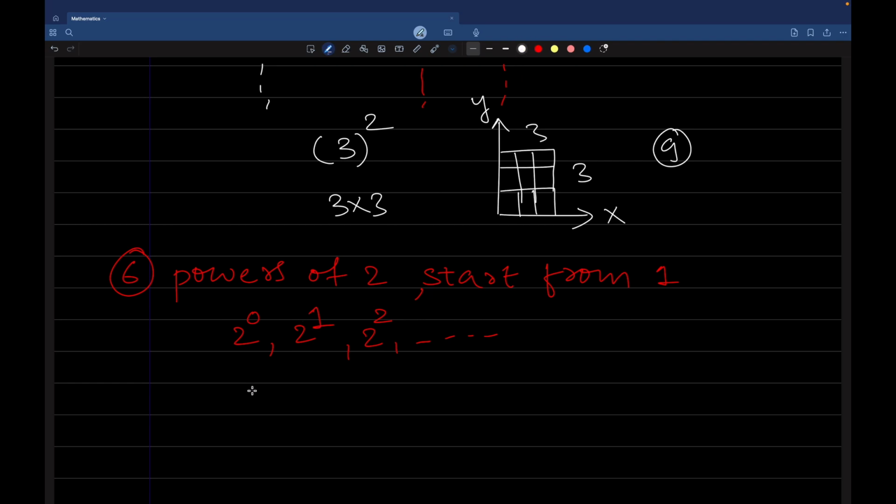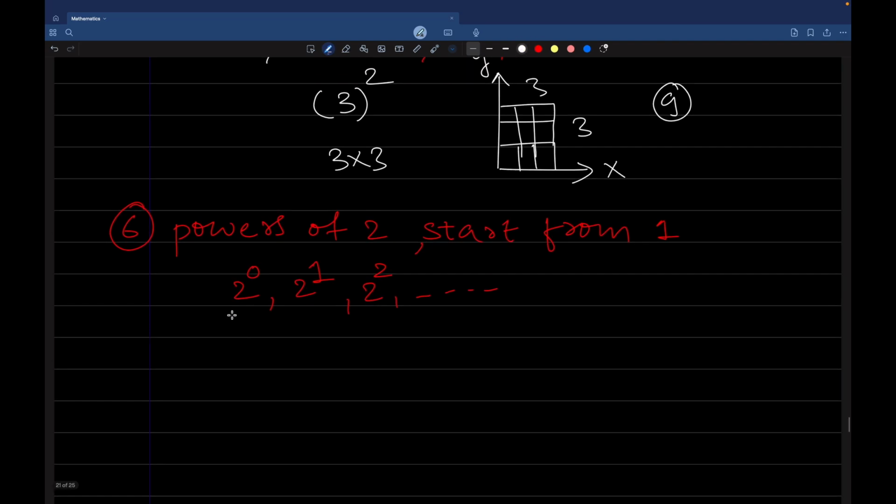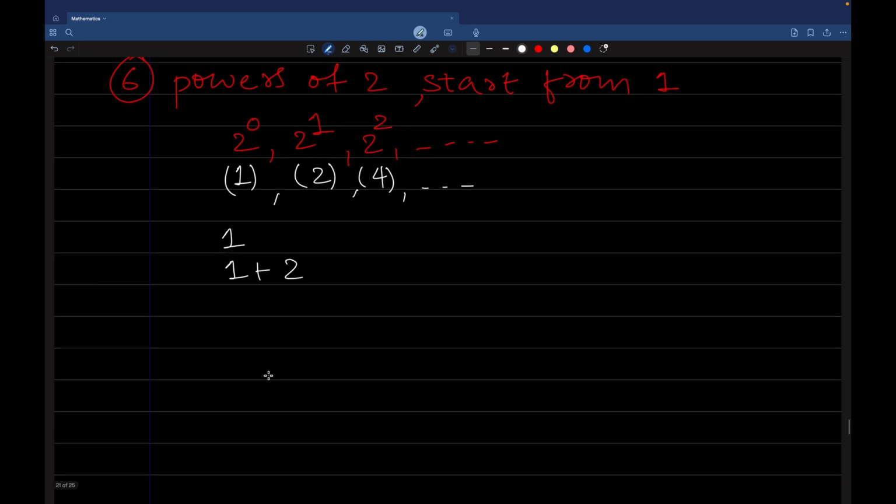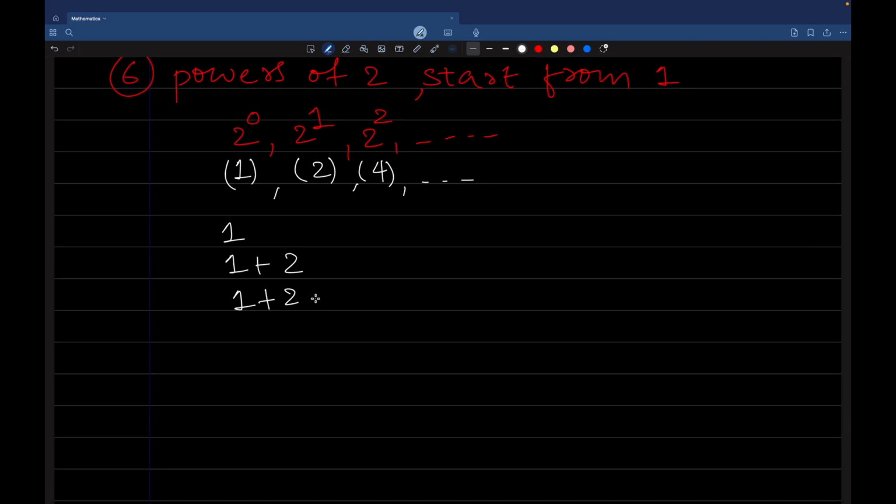What if we try to add these numbers? 2 raised to 0 is 1, 2 raised to 1 is 2, 2 raised to 2 is 4 and so on. 1, 1 plus 2, 1 plus 2 plus 4, 1 plus 2 plus 4 plus 8. What we get is 1, 1 plus 2 is 3, 1 plus 2 plus 4 is 7, here it is 15.